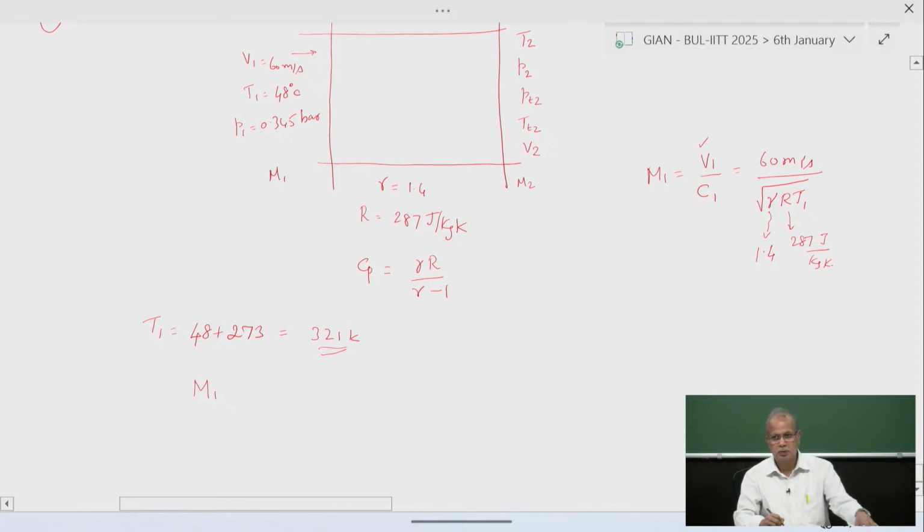We are solving problem number 1. Anybody got the value for M1? 0.167.